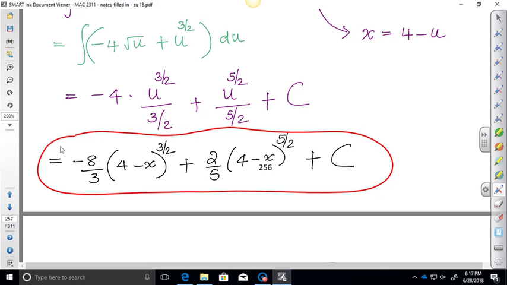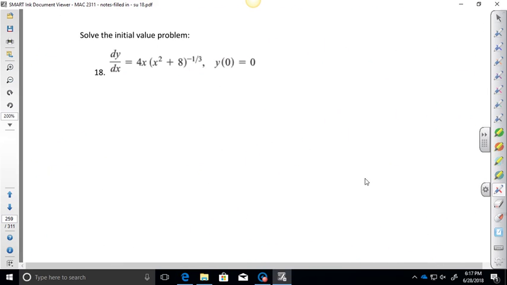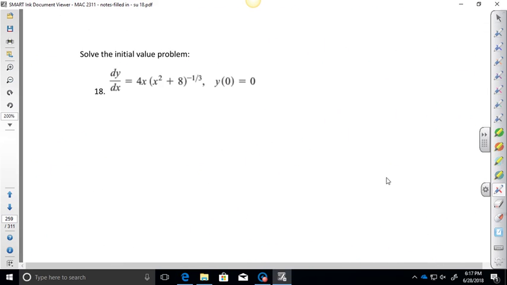All right, now we're going to look at some initial value problems or differential equations. We have done some yesterday. Today, our integration is going to be substitution. That's the only difference. The integration you do to solve this initial value problem will be using substitution. So, dy by dx.